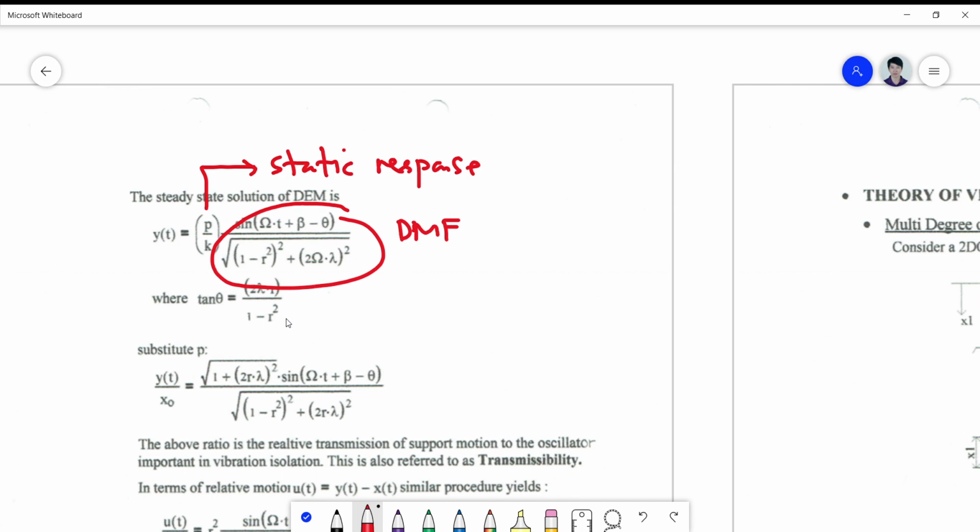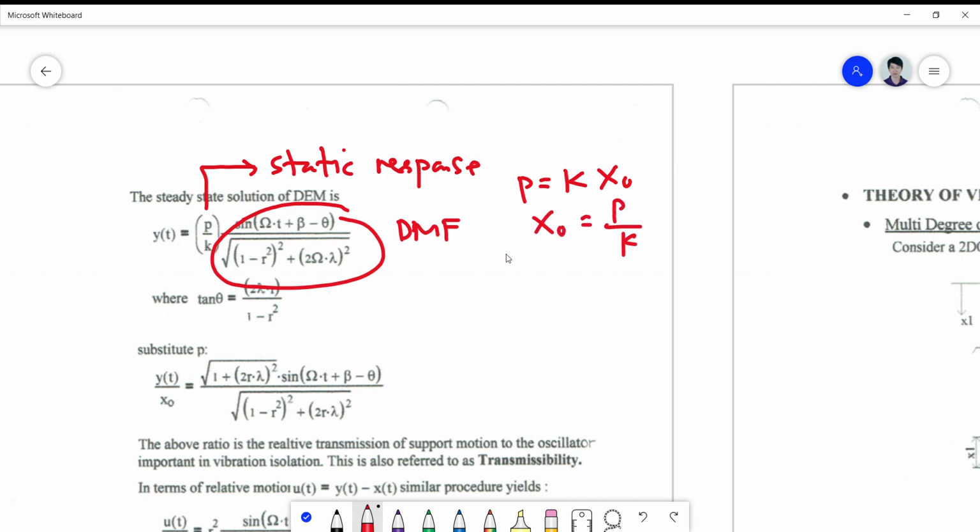So substituting the value of p in this equation, we know that p is equal to k x0. So x0 is simply p over k.